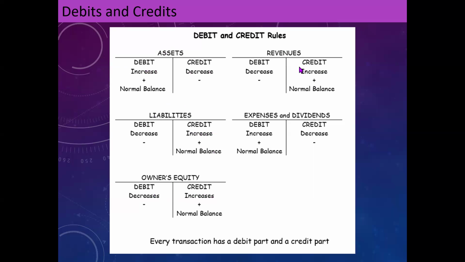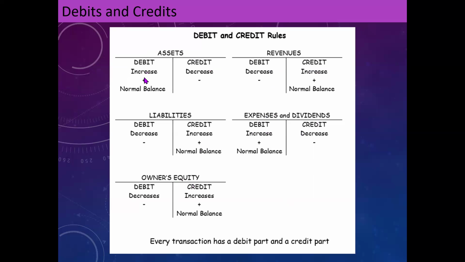I also know then that revenues increase my owner's equity. So they're built the same way. A revenue increases with a credit and decreases with a debit, and expenses and dividends decrease my owner's equity, so they're the opposite. Again, for me, this works to say I know assets equal liabilities plus equity.